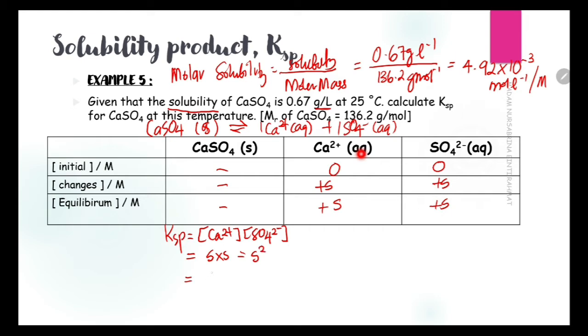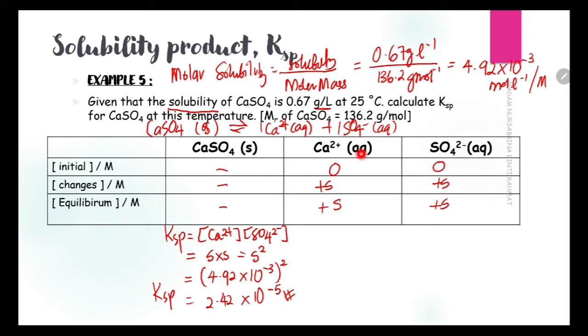My S, which I already calculated, is 4.92 times 10 to the power of negative 3 molar, to the power of 2. Therefore, you will get your Ksp solubility product to be 2.42 times 10 to the power of negative 5. Again, no unit.